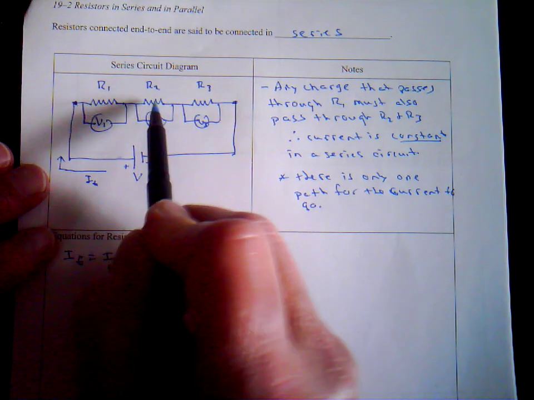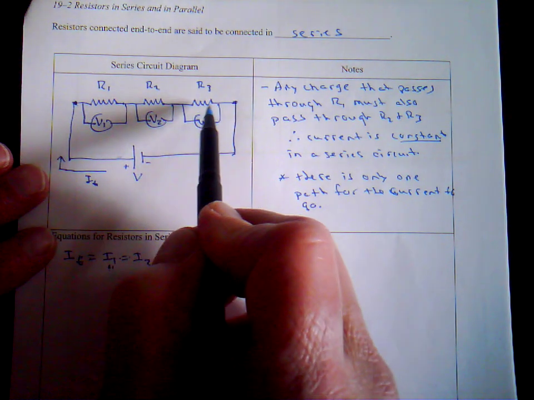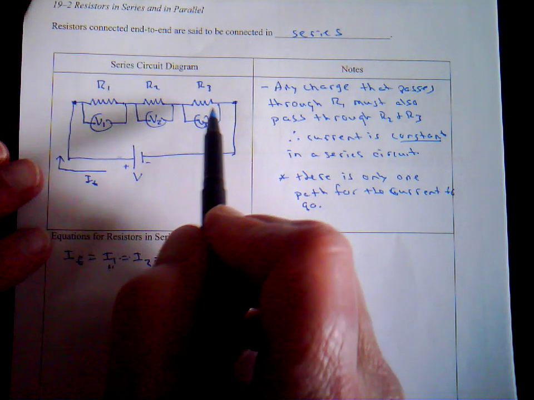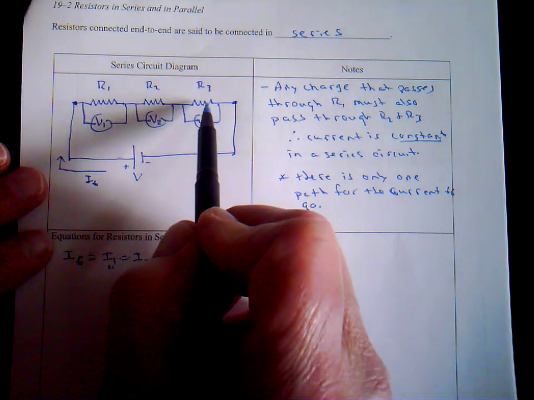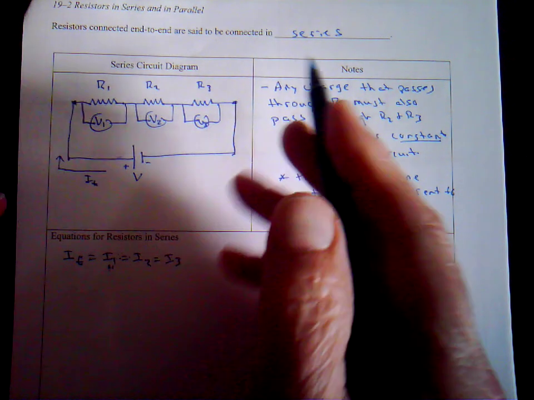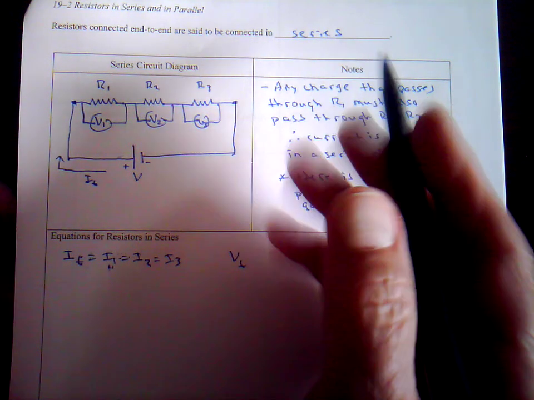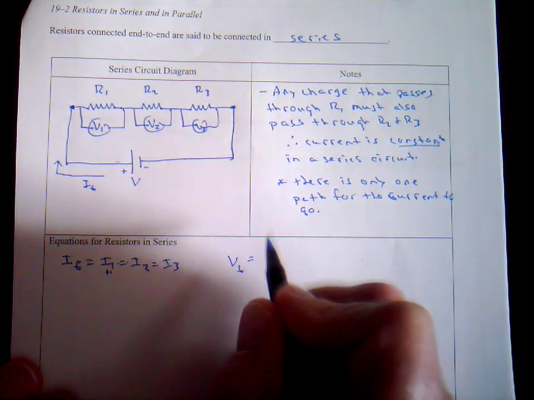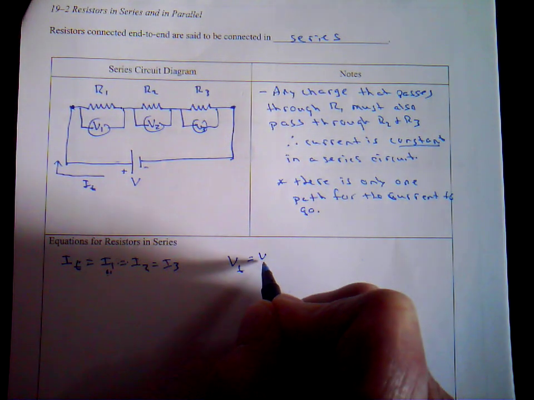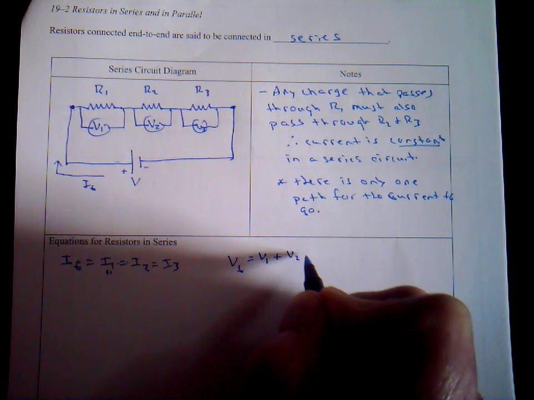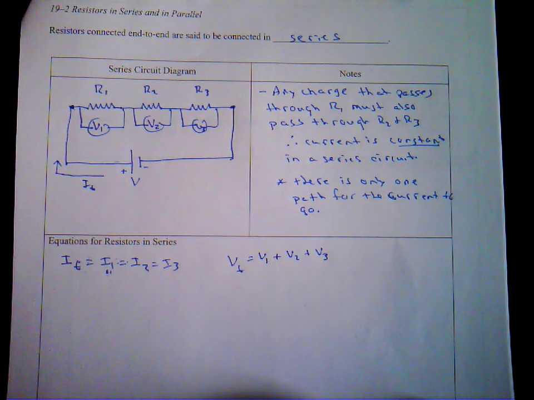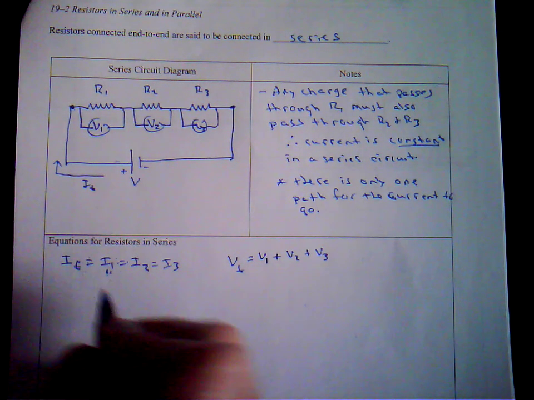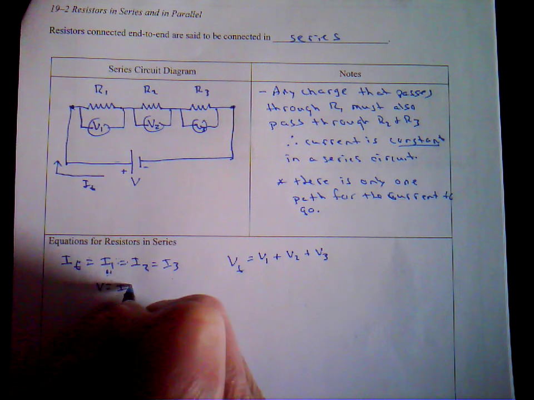If you measure the height of all three steps together, the total height is the height of this step, plus this step, plus this step. That height is analogous to the potential or the voltage across each one. So the total voltage is equal to the voltage across resistor 1, plus the voltage across resistor 2, plus the voltage across resistor 3. Now remember, we have Ohm's law, V equals IR.